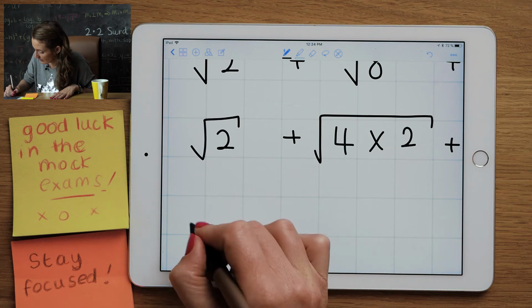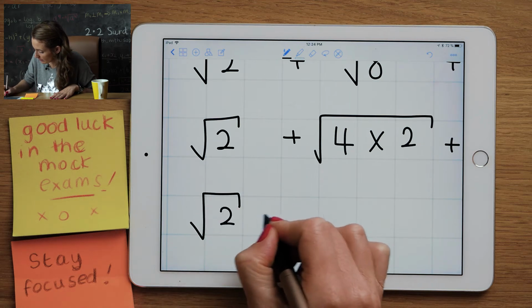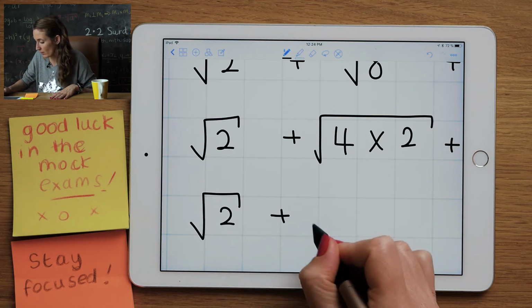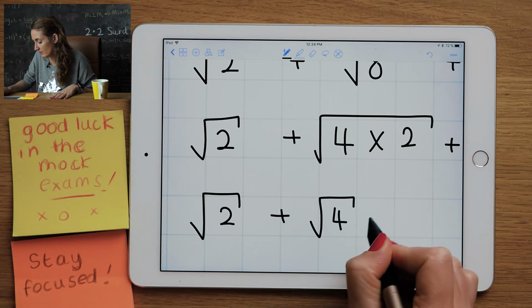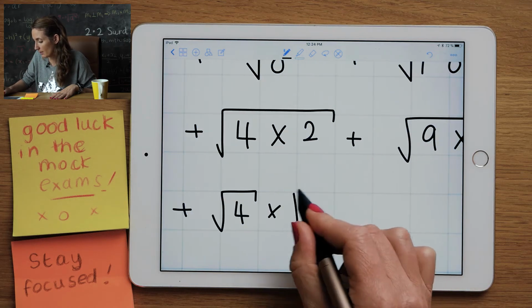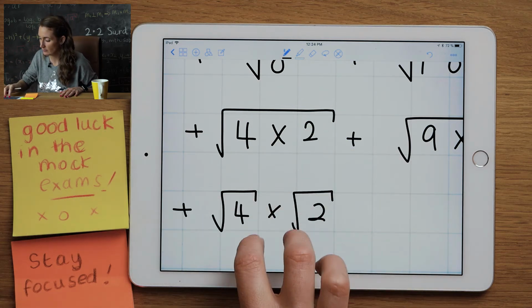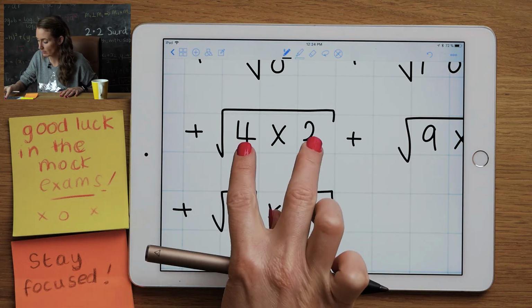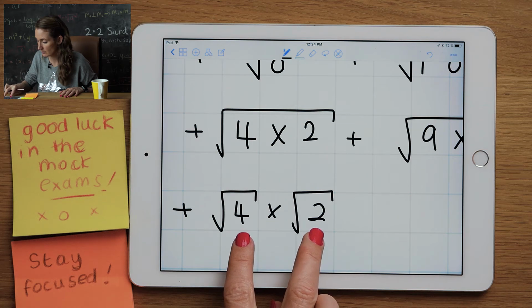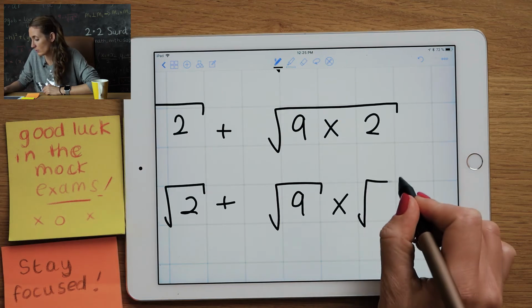So on the next line, I will break down the square roots. It's very important when you're doing maths in general, not just for this topic, but that you write down and that you keep things underneath where they were before. So for example, this has become this. So this is square root 9 times square root 2.